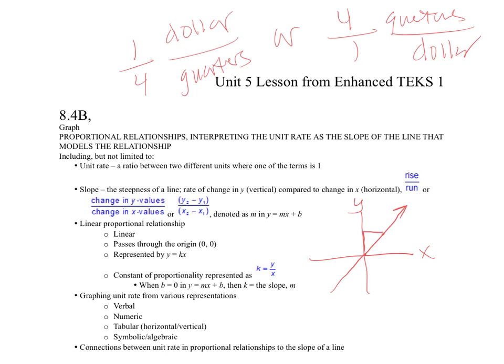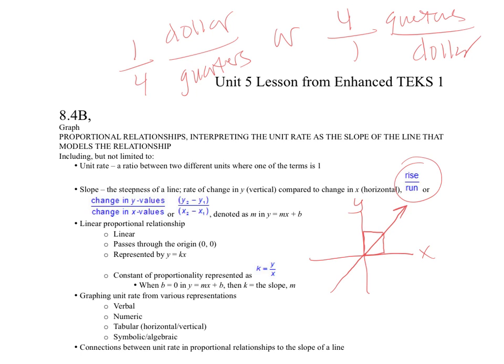Now notice this rise and run can mean that we can go down and over as well. So down and to the left would give us a positive slope, as well as up and to the right would give us a positive slope. The issue is not really whether the slope is positive or negative, just trying to show you the elements of rise over run. We also talked about that.